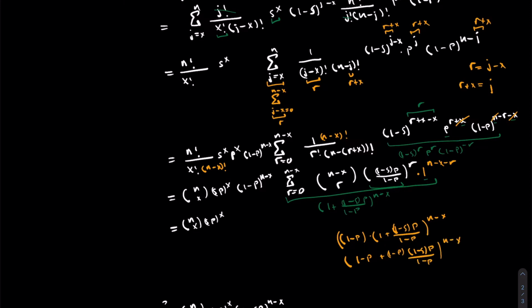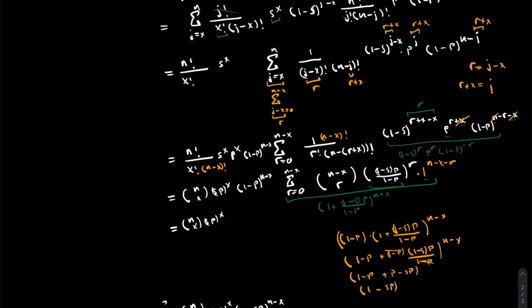But these things cancel here, and so we end up with 1 minus p plus, we're going to multiply in the p, plus p minus sp, right? And this whole thing becomes just 1 minus sp.